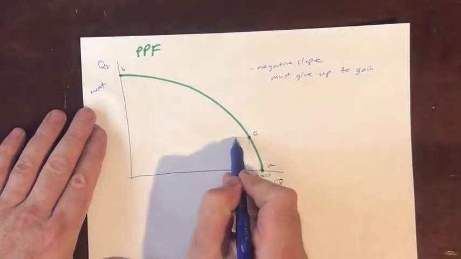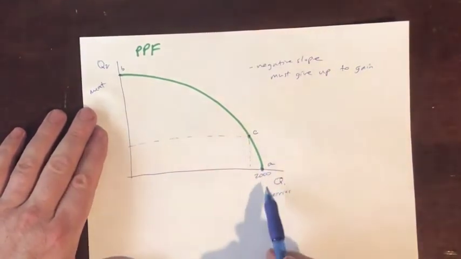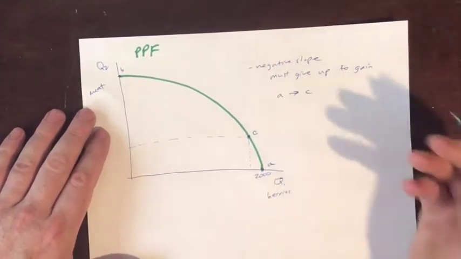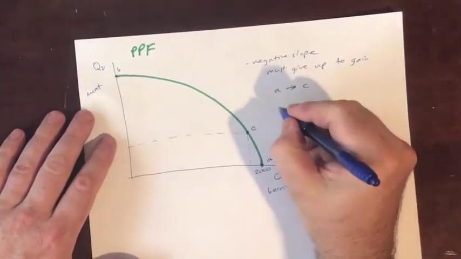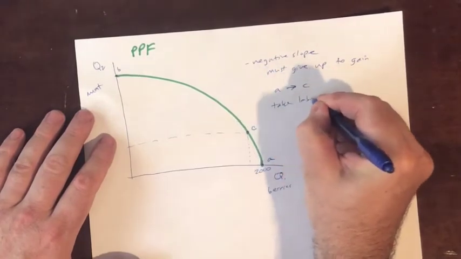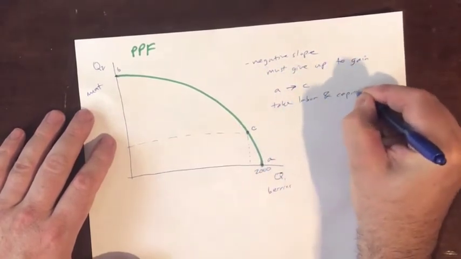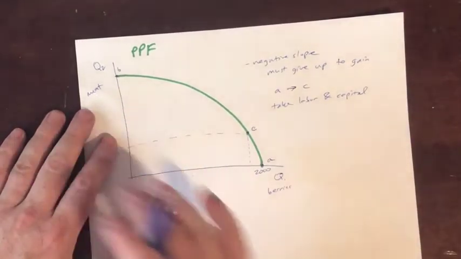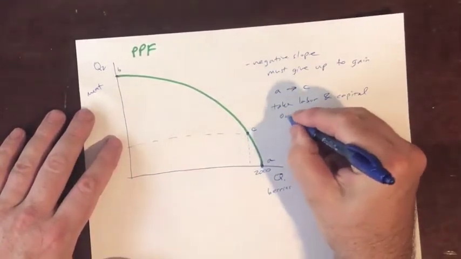Now here's the thing. If we do that, okay, so A to C, what has to happen here? Well, we have to take labor and capital out of producing berries and into producing meat.